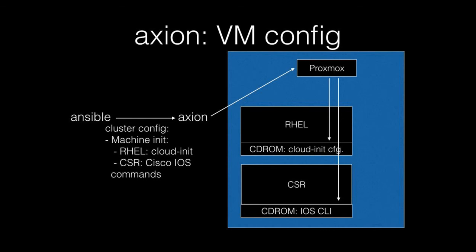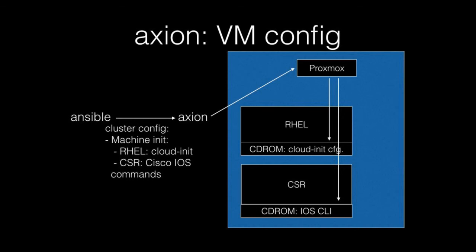So in order to configure those machines so that they can be accessed through SSH, which means having them bring up an interface and configure that interface with the proper IP address, what Axion does is bundle that information into Cloud Init's valid file, and attach this file as a CD-ROM that will then be picked up by the RHEL instance when it starts.